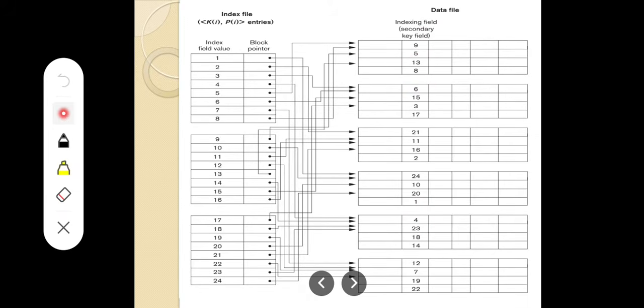So that is another specialty. Here the data file is unsorted, but in the case of the index file it is sorted. So all the key field values in the data file are actually present in the index file.